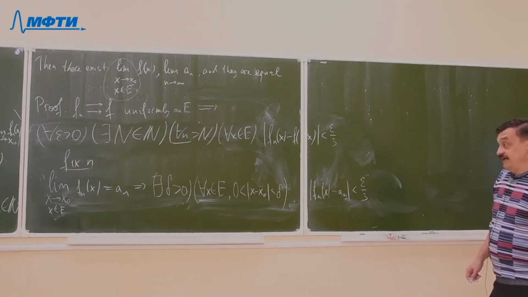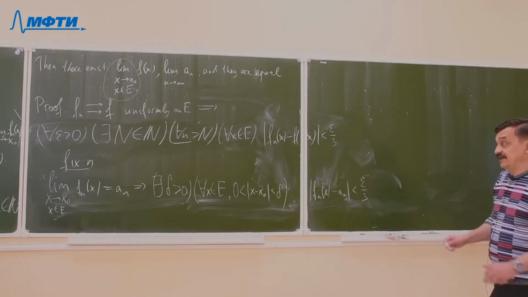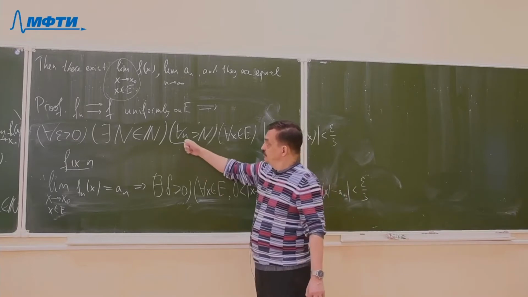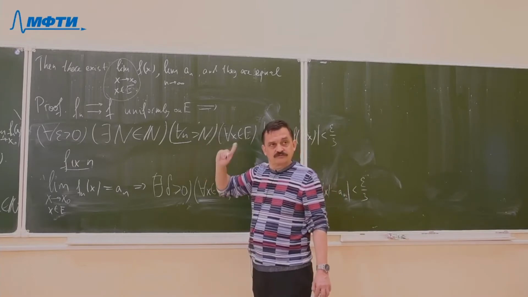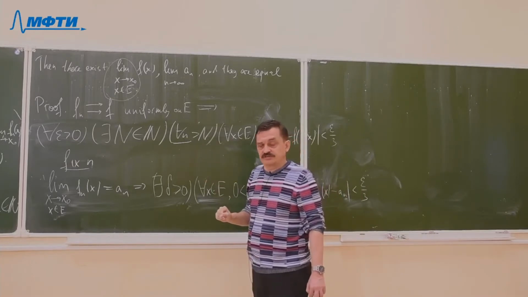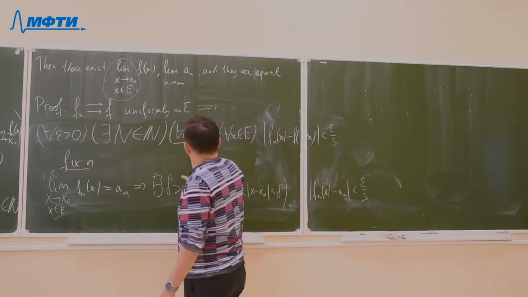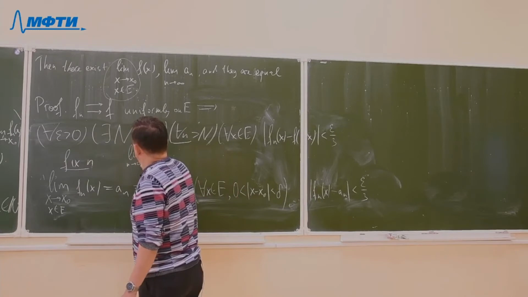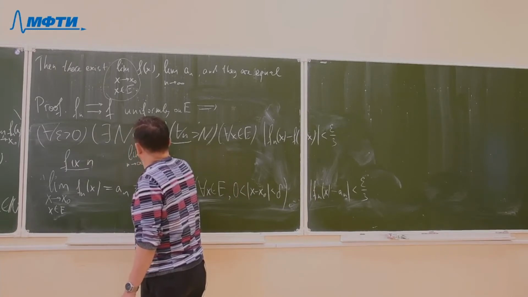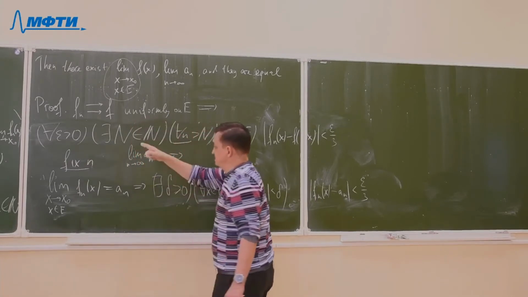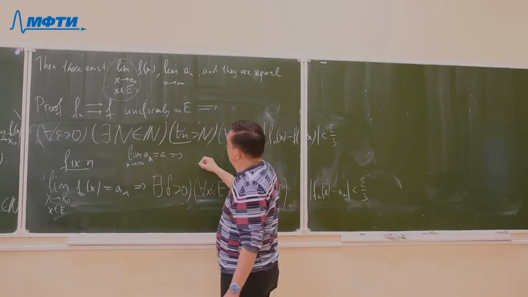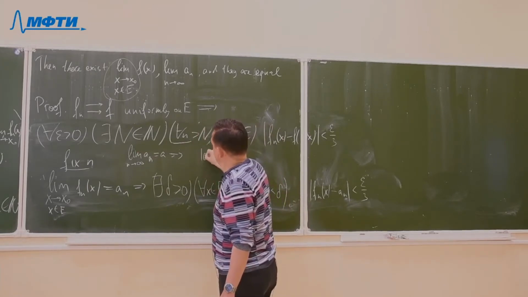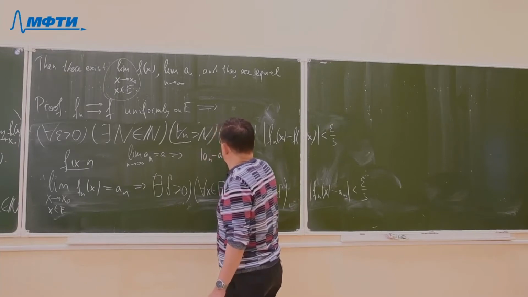And in fact, I should fix n sufficiently large. Not only like that, but also, I'm sorry, I forgot to mention it. So now I know the limit of an equals a, right? Hence, I can choose n such that |an minus a| is less than epsilon over 3.